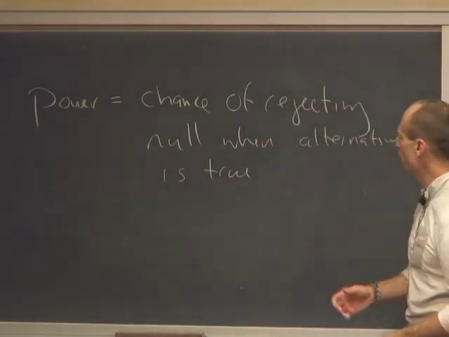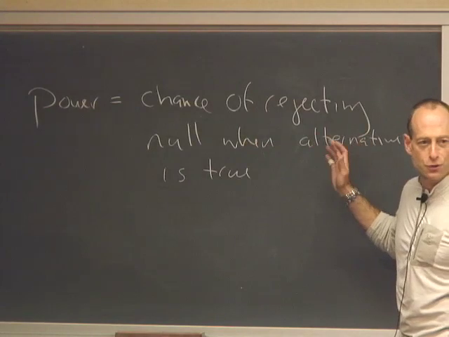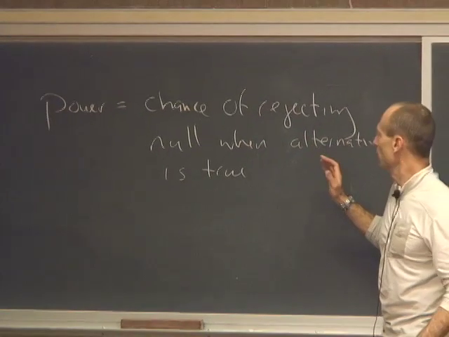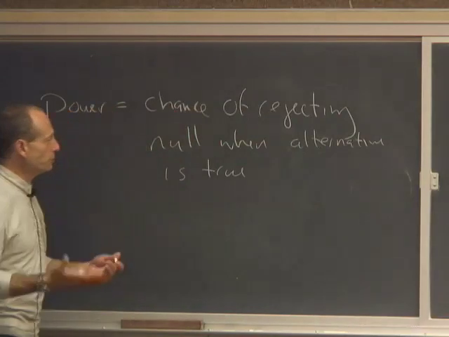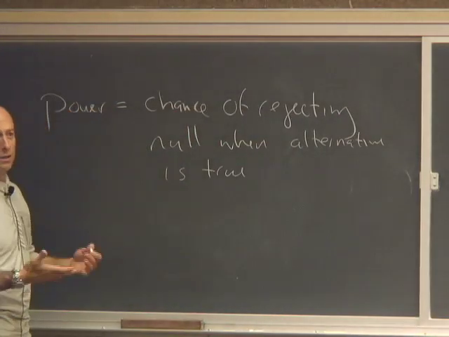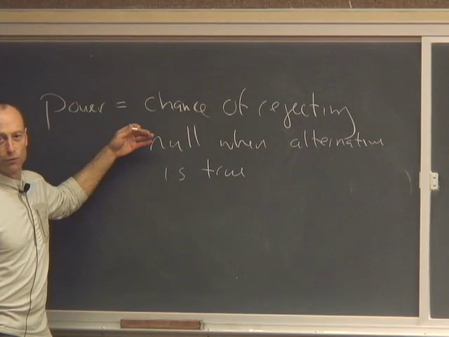Okay, so the power is the chance of rejecting the null hypothesis when a particular alternative hypothesis is true. Okay, so what's a type 2 error? Type 2 error is not rejecting the null when a particular alternative is true.